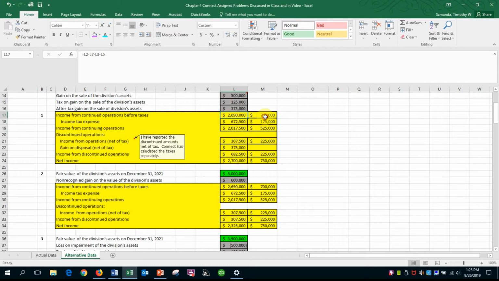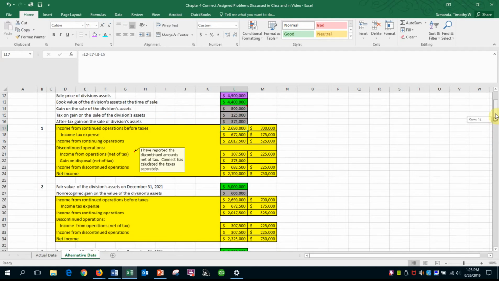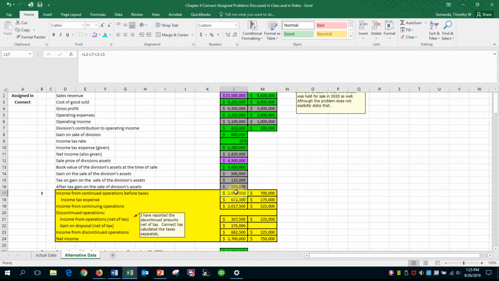And so I've calculated the income from operations before taxes, and that's just a matter of taking the sales revenue and then deducting the various expenses. In this case, first of all, we have to take out the income from the division this year.